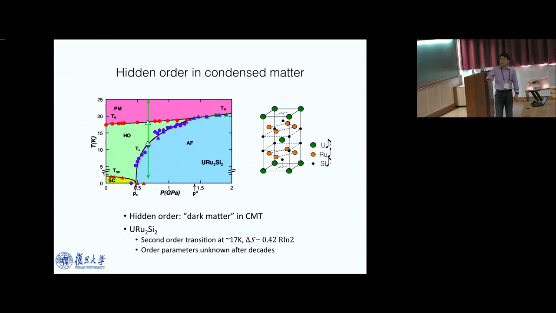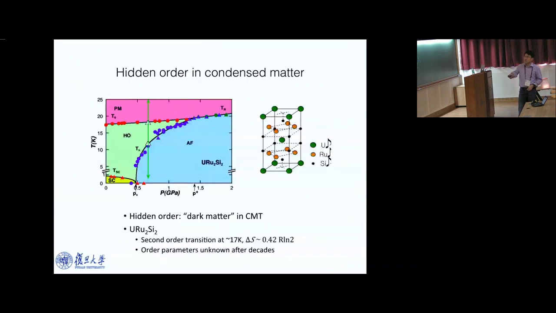You do not see any signature of the ordering, but the system does develop some kind of order. Right? There's a huge entropy loss, like 50% of R times log 2. So all the parameters are unknown after decades. So that's the introduction of hidden order in the context of condensed matter.